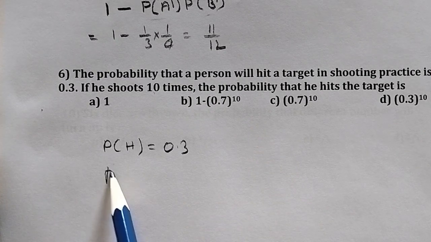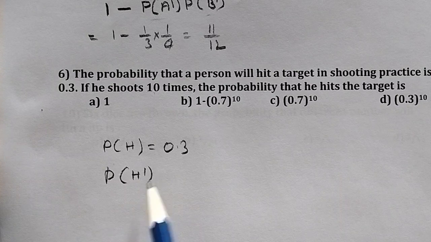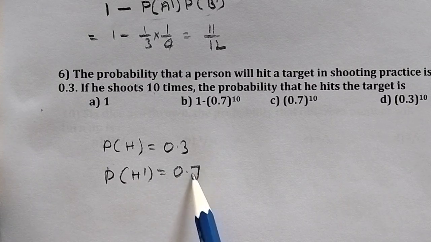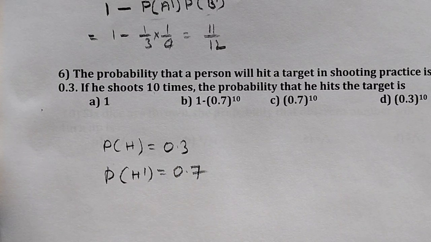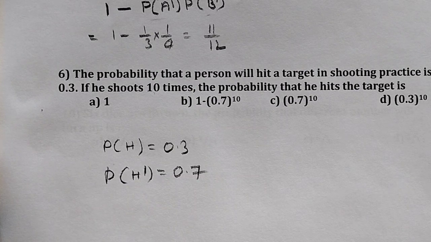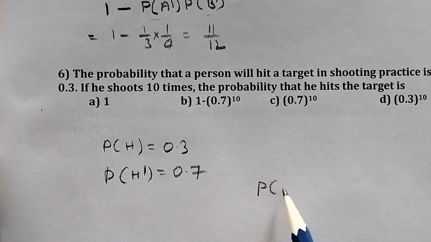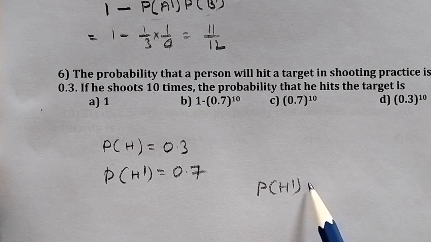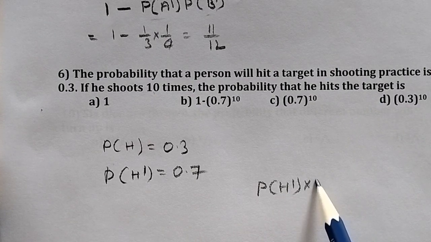What is the probability of not hitting the target? That is 1 minus 0.3, that is 0.7. A person trying 2 times, what is the probability of not hitting the target? The first time is not hitting the target and the next time is not hitting the target.